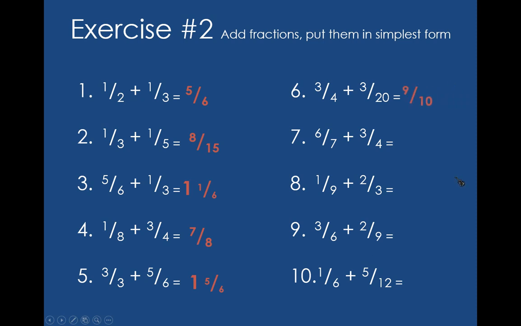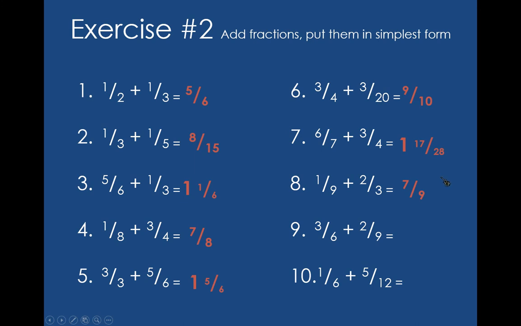9 over 10. Then, number 7, 6 over 7 plus 3 over 4. What's the answer? 1 and 17 over 28. Next, number 8, 1 over 9 plus 2 over 3. What's the answer? 7 over 9.